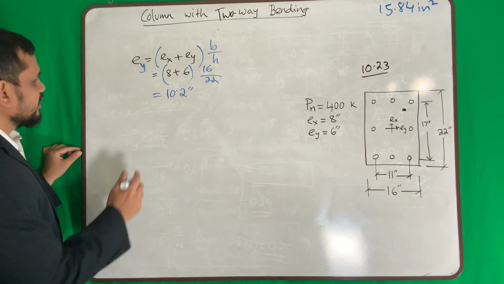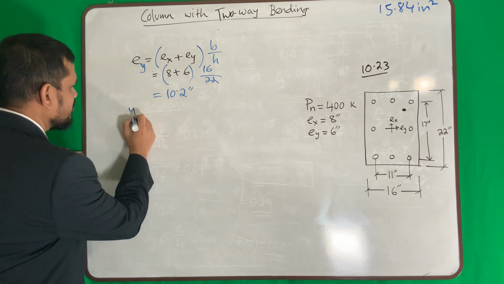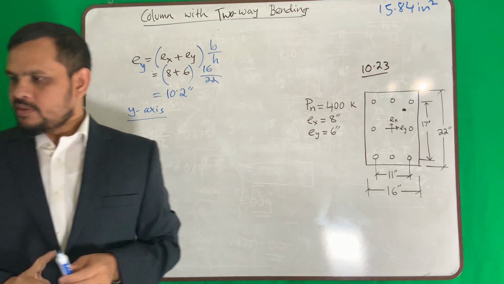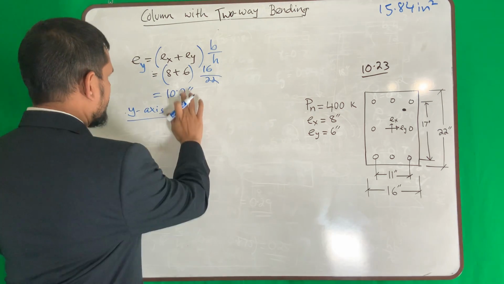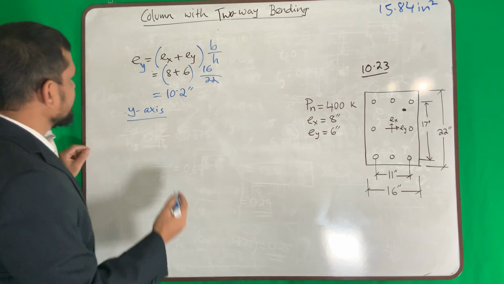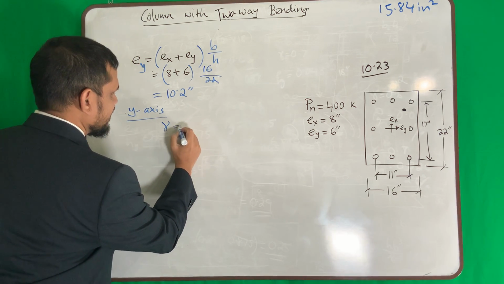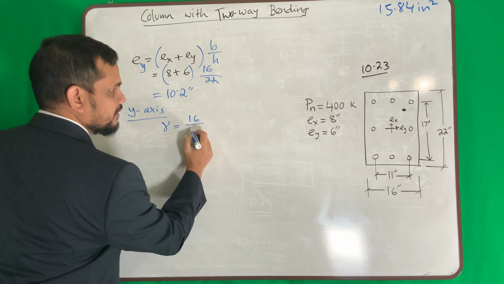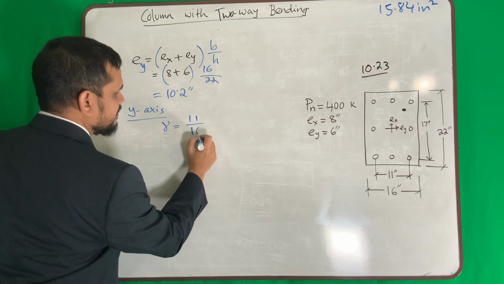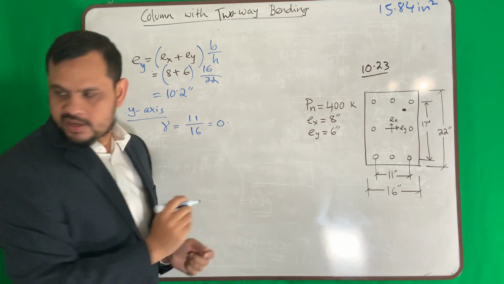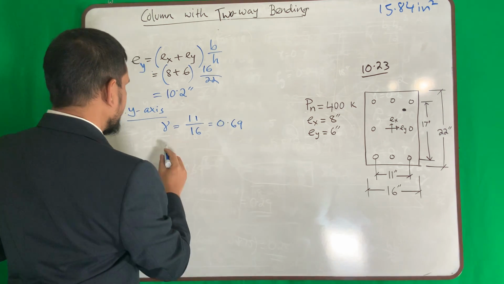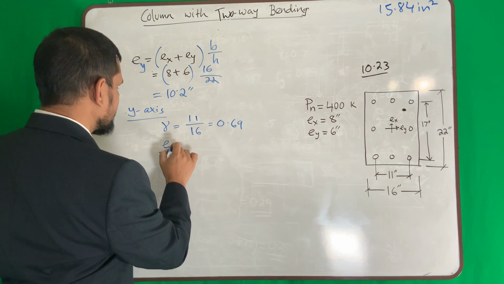Now whatever we got, then we will design along the y-axis. Same thing, but this time I will make use of this in the book. So if I design y-axis, then what is my gamma? Gamma is 11 divided by 16, which is 0.69 last time we used, and then e by s.